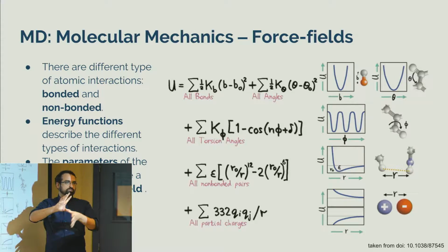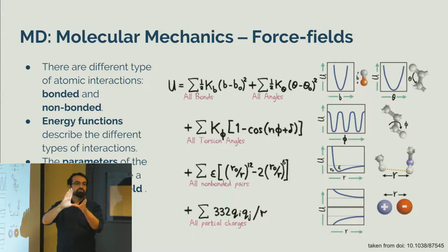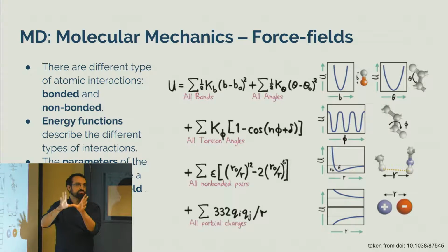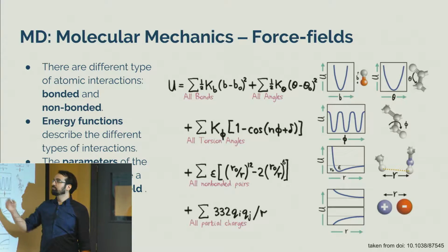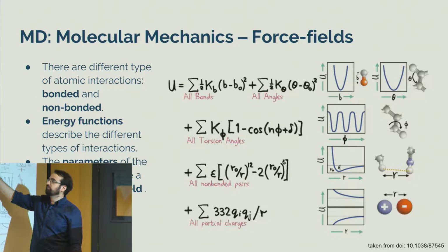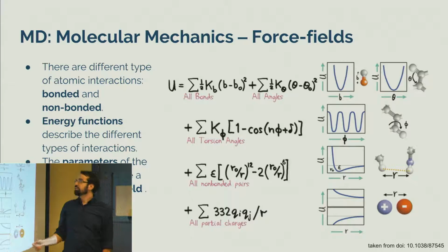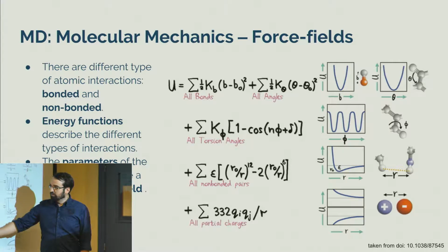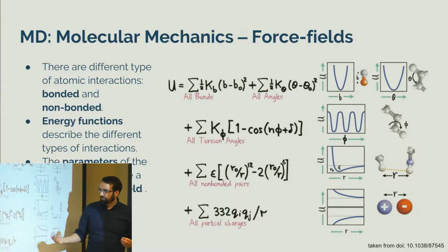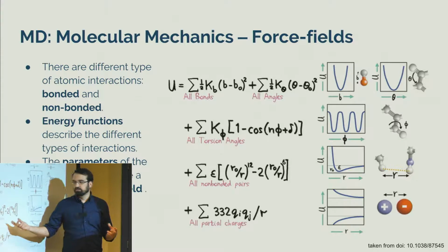So what's the angle between the two planes formed by three atoms each? All of these have force constants that correspond to them, and then you have non-bonded interactions as well, which means normally two types of interactions.